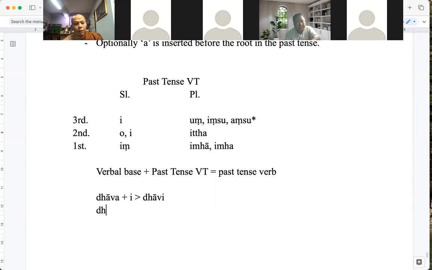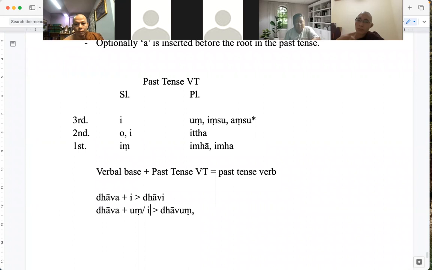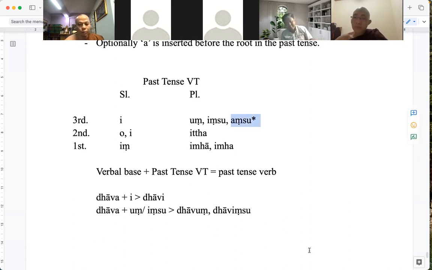In the same way, dhāva: if we add ū, we have dhāvū. And if we add iṃsu or aṃsu, we have dhāviṃsu. But aṃsu is for the special ones, so we don't have dhāvaṃsu. So this is for the third person singular and plural.